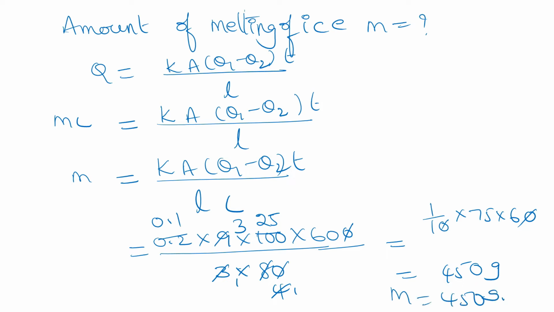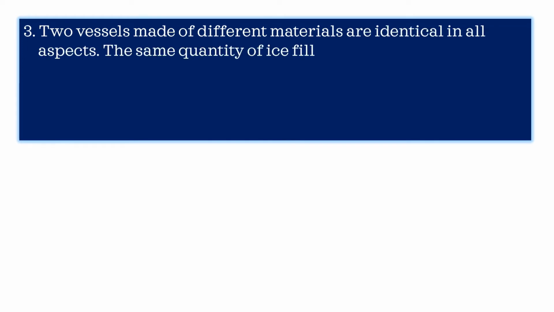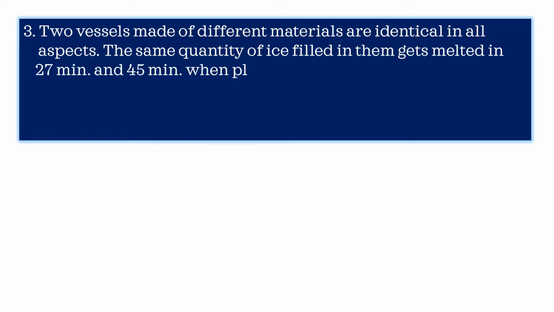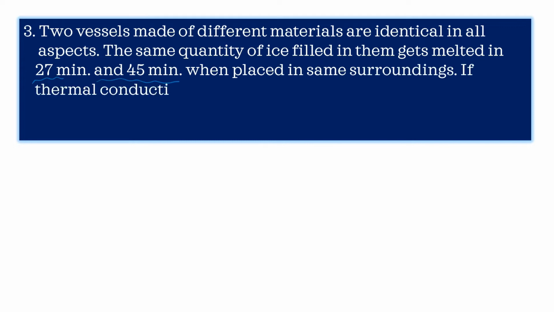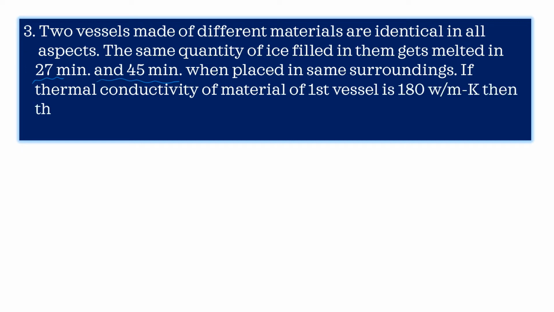Okay. In this question, two vessels made of different materials are identical in all aspects. The same quantity of ice filled in them gets melted in 27 minutes and 45 minutes when they are placed in the same surroundings.